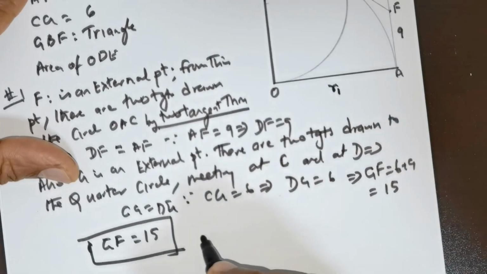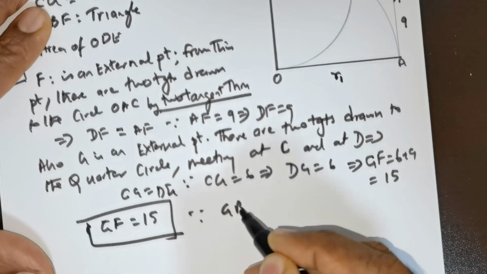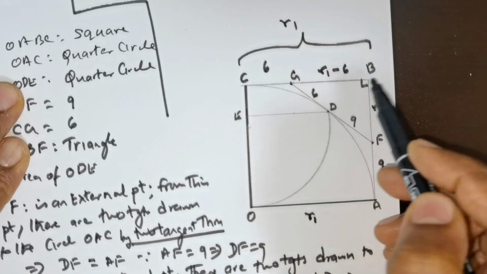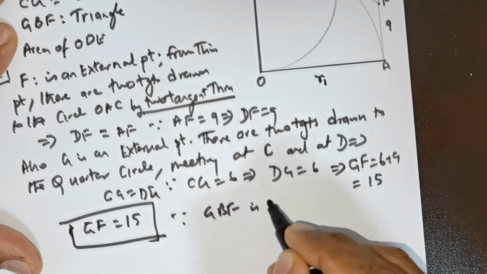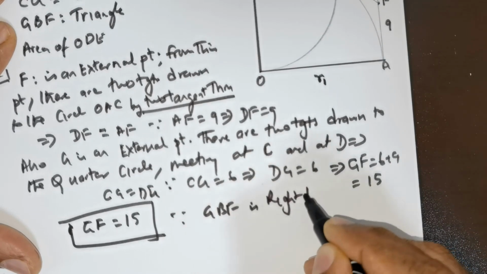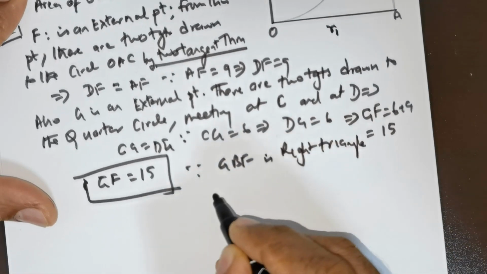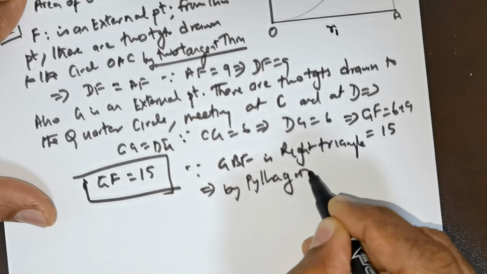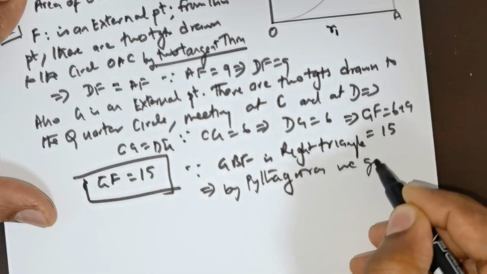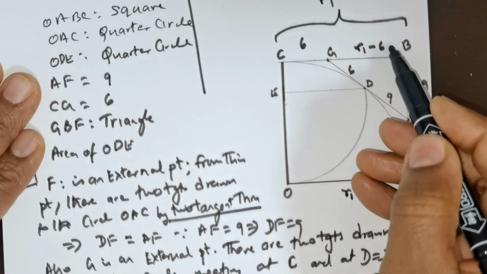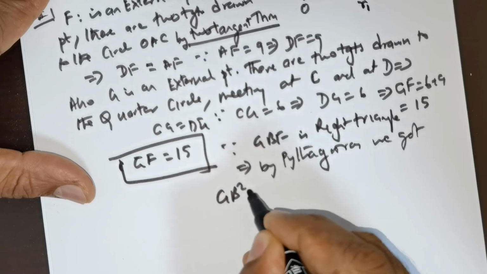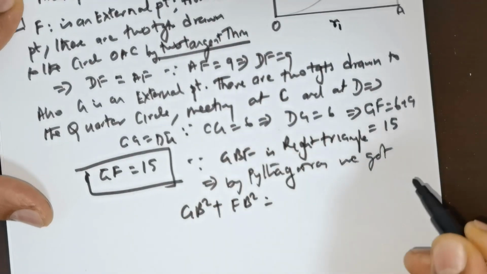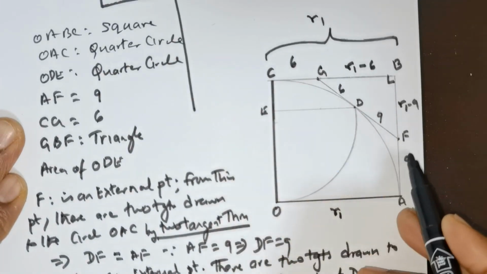Now since GBF is a right triangle, this would mean by Pythagoras, GB squared plus FB squared is equal to GF squared.